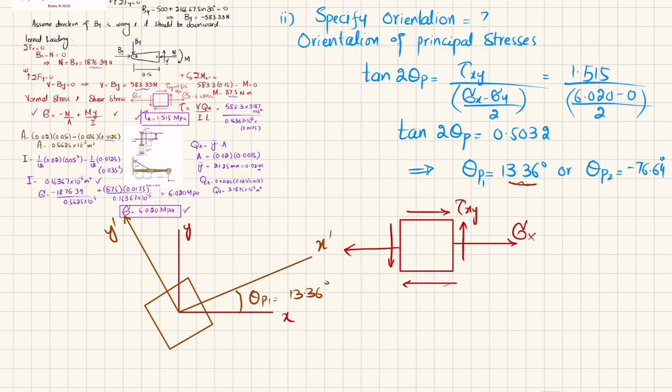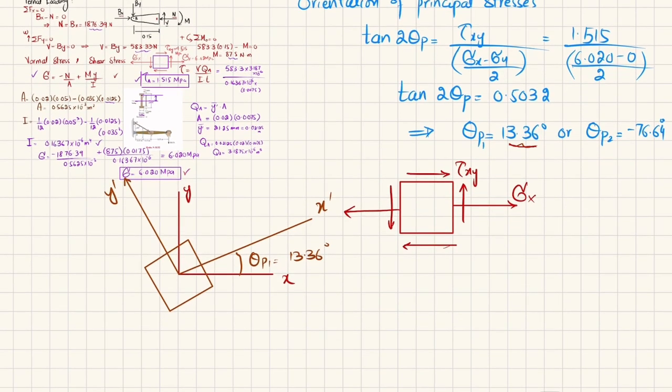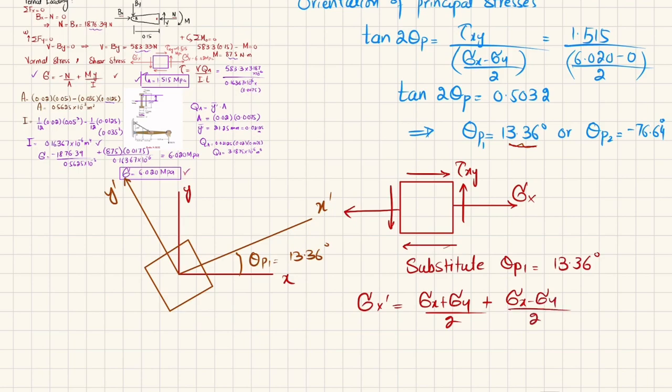So what we will do is substitute theta p1 equal to 13.36 in the stress transformation equation, which is sigma x dash equal to sigma x plus sigma y divided by 2, plus sigma x minus sigma y divided by 2 into cos of 2 theta, plus tau of xy sine of 2 theta.